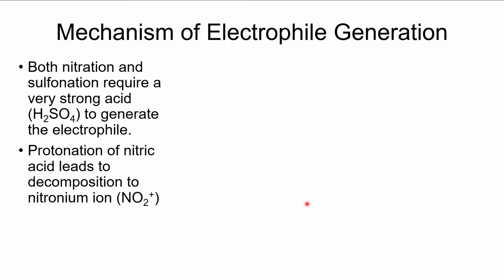In the case of the nitric acid, we protonate that nitric acid. So we don't normally think of nitric acid as being a base, but in this case, with that huge excess of sulfuric acid, we can protonate that nitric acid and create this intermediate.